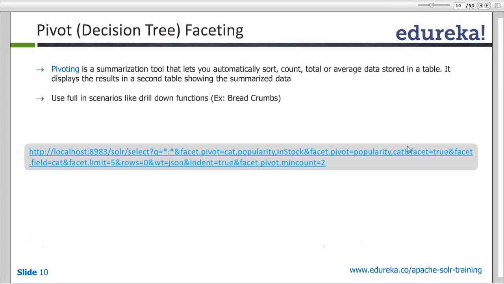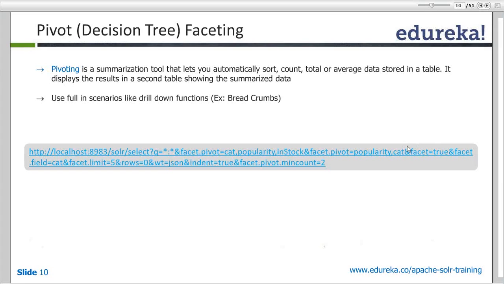Do you remember what we saw when we saw the clustering of the results on the Velocity UI? We have the categories under each facet. If there were facets which were created, we also saw that there were subcategories of each facet. So it is a handier tool when it comes to summarization.